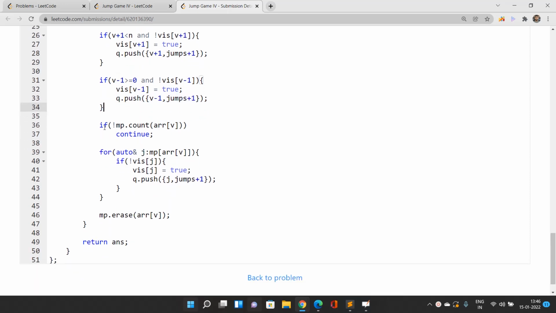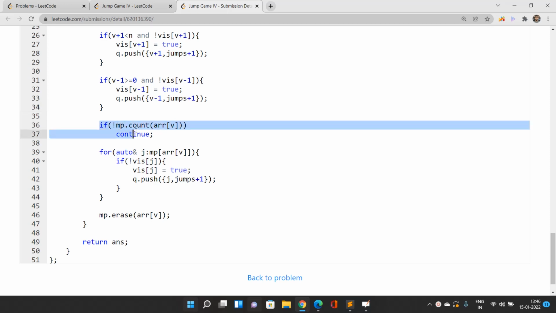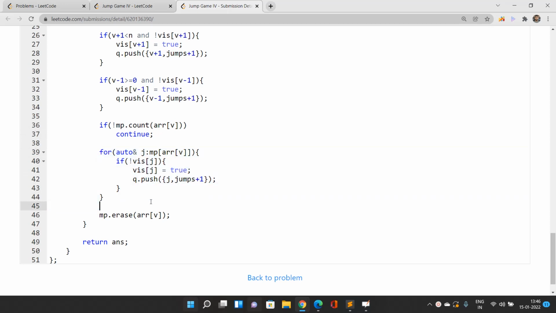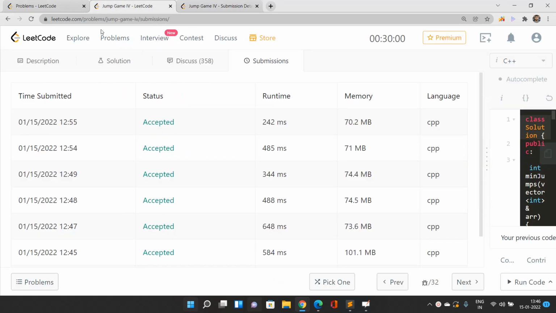And you also need to check that if the value array of v is not present in the map, then we are not going to do this operation. Otherwise, if this value array of v is present in this map, we will do the third operation. You can see the third criteria.